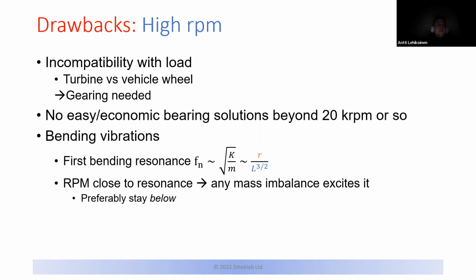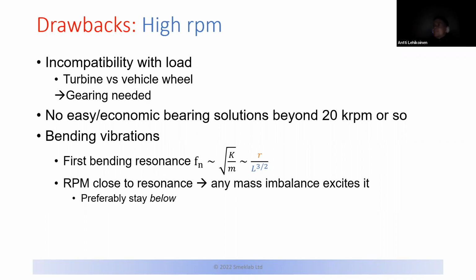Basically, what is meant by bending vibrations is that, when you have a shaft with a rotor supported by two sets of bearings, one at both ends, there will be a resonance mode where the shaft is bending a little with the rotor, and it will have a certain resonance frequency.